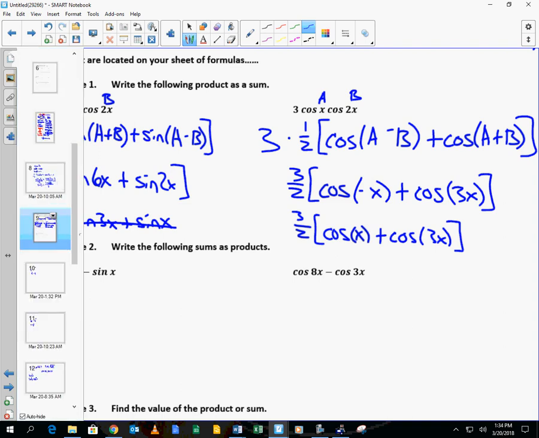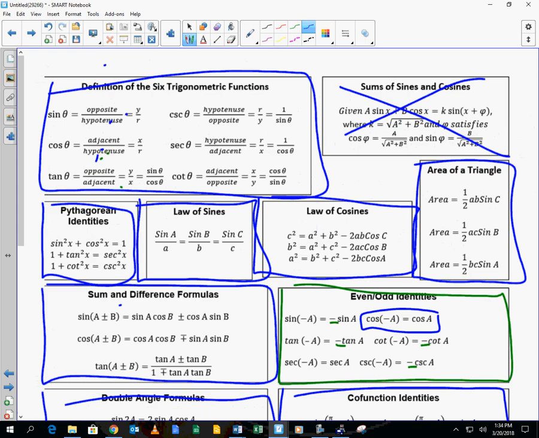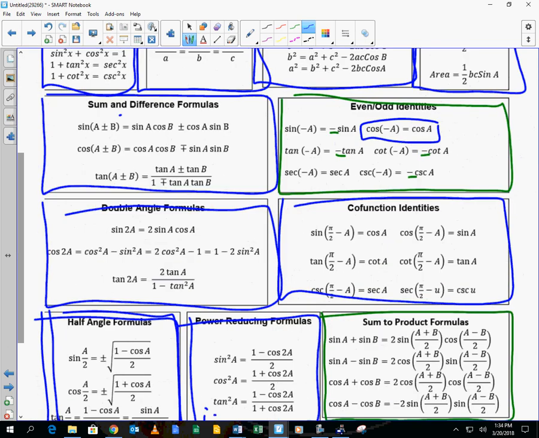Remember, your even odd identities are right here. You can see that cosine and secant, the negative on the angle just goes away, whereas for all other 4, the negative moves out front. Because all the other functions are odd functions, which means the negative moves to the front.